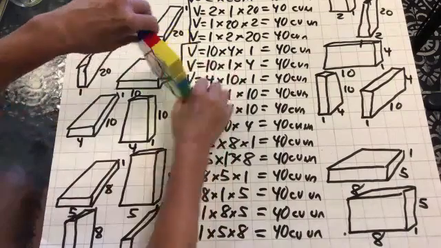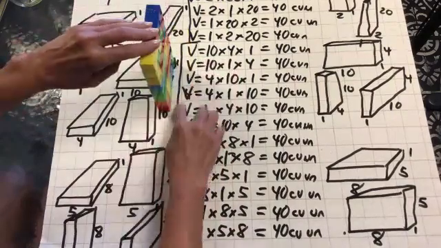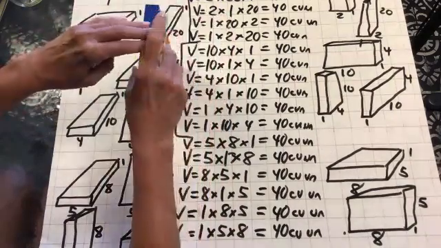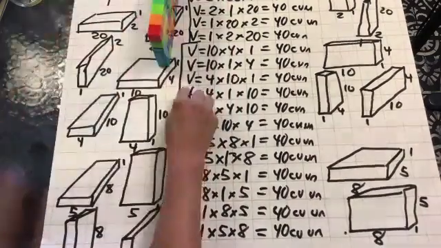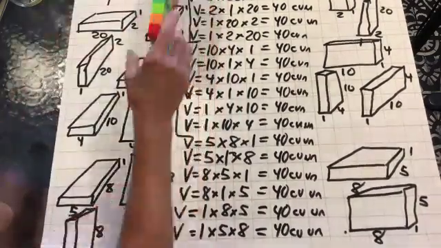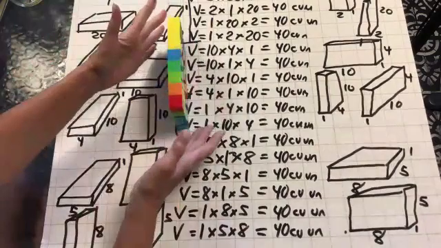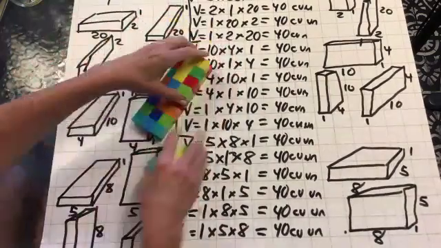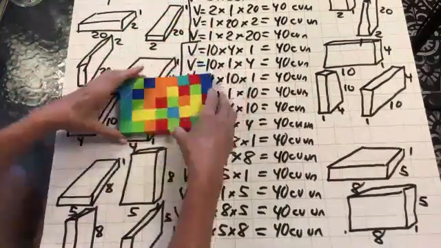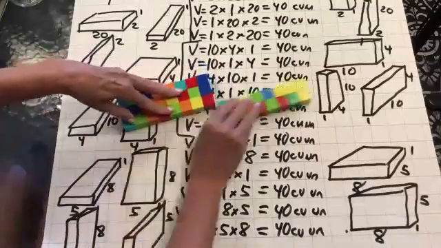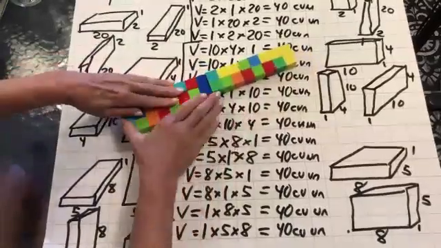All right, so the next way would be 1 by 5 by 8, or we could do 1 by 8 by 5. So you can see how it's the same 40 cubes. We're just changing up how they sit. So then earlier we had longer ones.